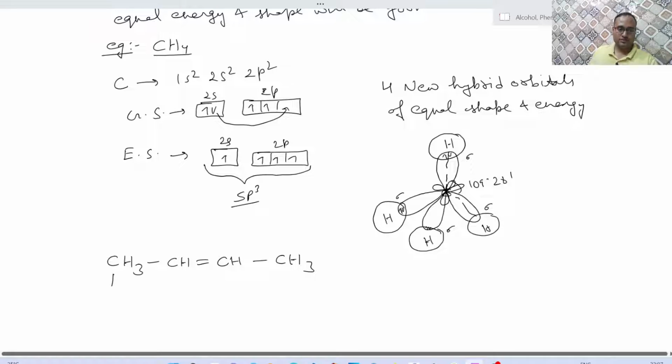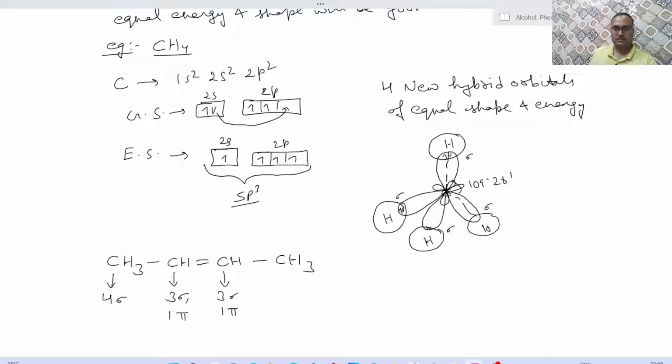If we talk about this first carbon, how many sigma bonds are formed by it? So 3 with the hydrogen atoms, 1 with the other carbon. So it forms 4 sigma bonds. This one forms 3 sigma and 1 pi. This carbon, 3 sigma, 1 pi. As a multiple bond is a pi bond, you can say the first bond is a sigma bond, the second is a pi bond, and in this it will only have the sigma bond.